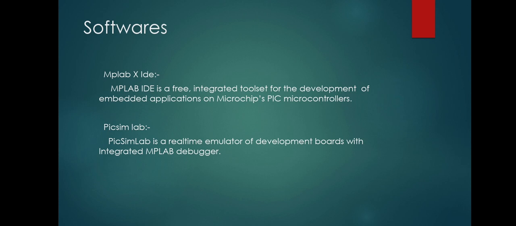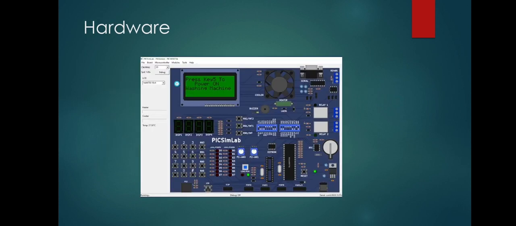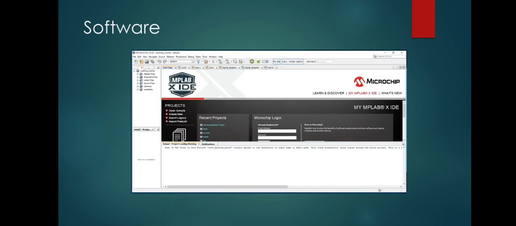The next software we used is PixIM Lab. PixIM Lab is a real-time emulator of development boards with integrated MPLAB debuggers. So next here is the image of the hardware we have used, and the next image is of the software we have used. It is the MPLAB X IDE software.